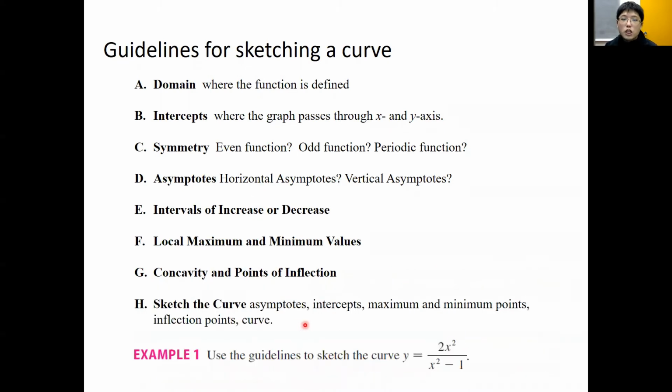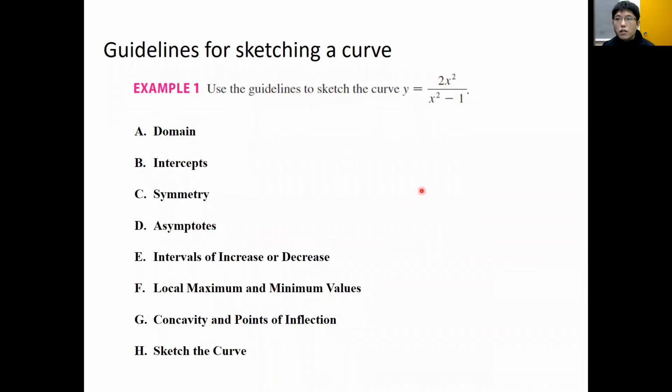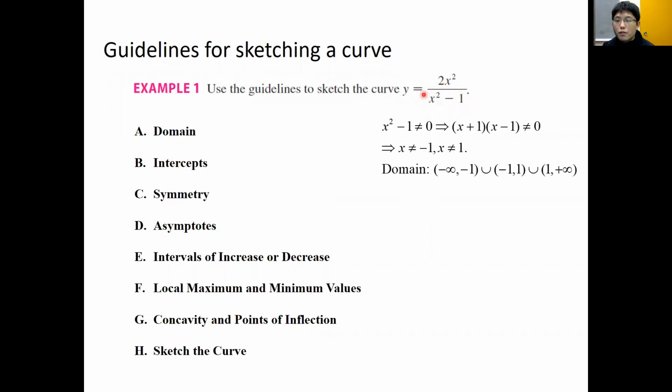All right, so let's carry out these steps for the following example. We use the guideline to sketch the curve y equals 2x squared divided by x squared minus 1. This is a rational function. Let's start by deciding its domain. This function is defined whenever the denominator is non-zero.